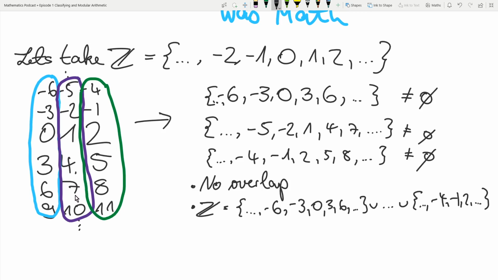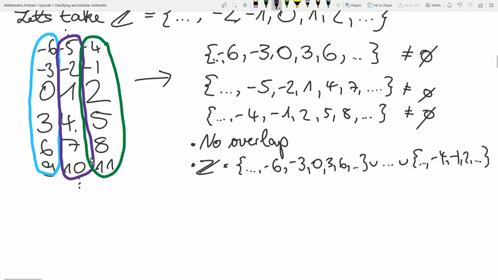But what does this resemble? As I said, it's going in steps of 3, but how we can also look at this is that this set, let's call it 3 times the whole numbers, and we will see why, contains all the numbers that are divisible by 3, which means they can be represented as a multiple of 3, 3k, such that k is a whole number.